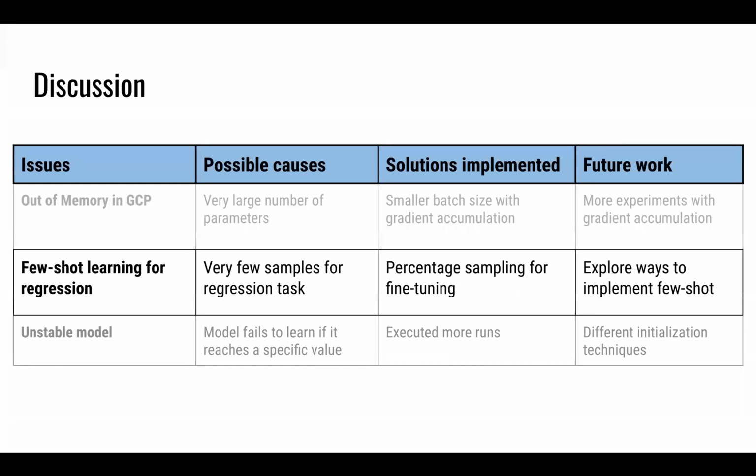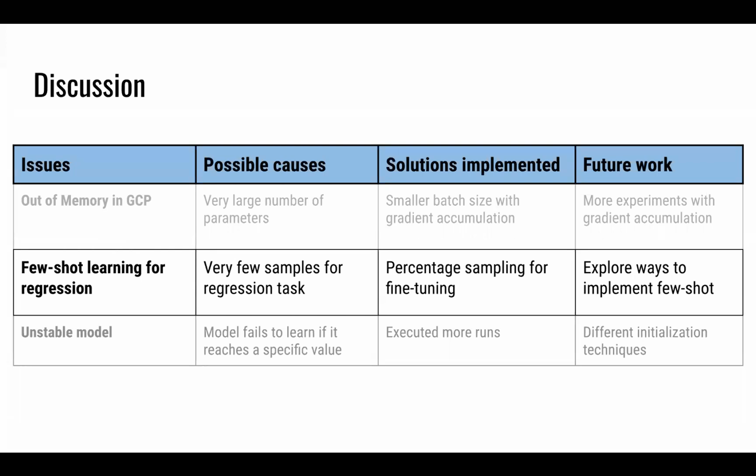Next, we discovered that few-shot learning may not be suitable for a regression task, because few-shot learning contains very few samples to train a particular model, and these very few samples might not contain information about the data distribution to enable the model to predict the next value, which is the goal of a regression task.